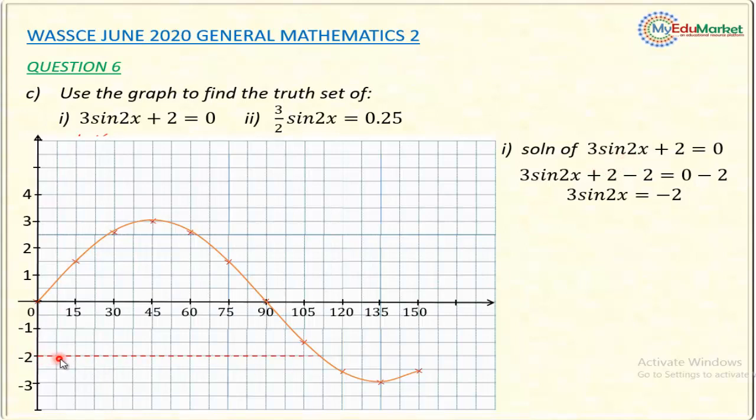Look at the line drawn at y equals minus 2. When it touches the curve, you go up. So I'm going to draw it vertically up. Look at it. So the value here of x will now be the estimated or approximate value of x, so that this is true.